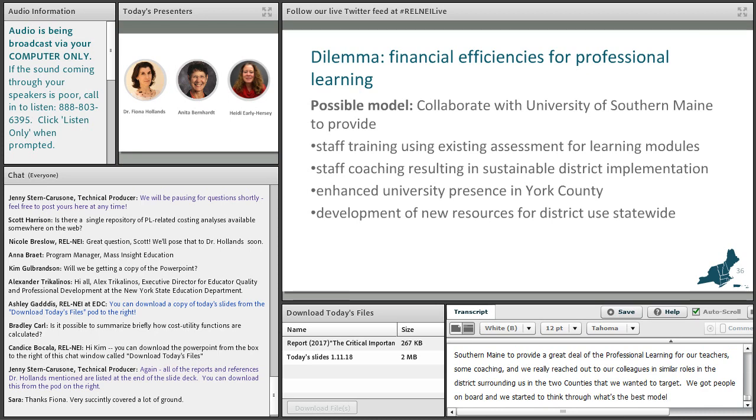We really want to use a train-the-trainer model so that we're not only teaching our instructional leaders, whether it's our teacher leaders, our coaches, or even some of our administrators, but that we're also simultaneously supporting the implementation of those practices in each of their home districts so that it's more embedded. So that's basically the goal of the project.